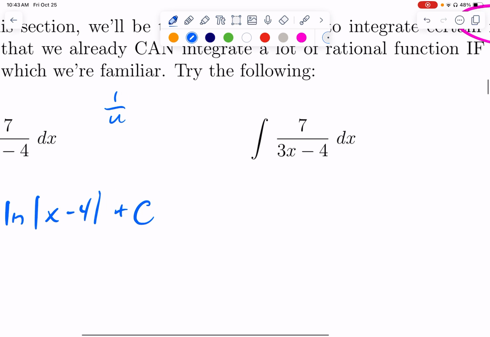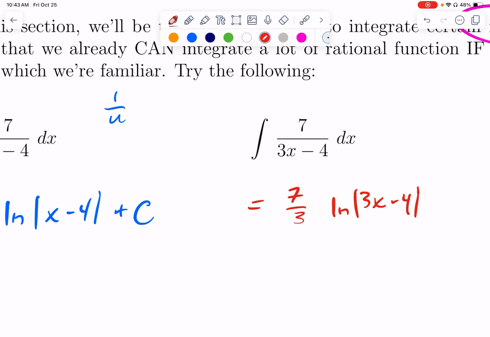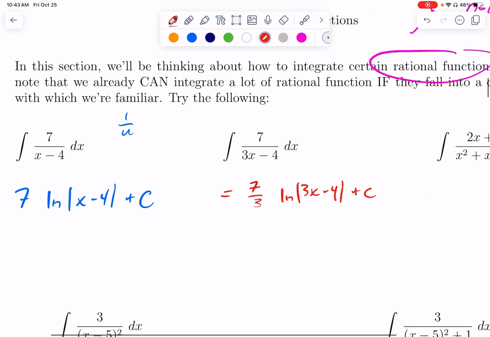And this one here is the same, except if I had natural log of absolute value of 3x minus 4, by the chain rule, a 3 would pop out, and so we would need to cancel that 3, plus c. So if our bottom is just linear, if it's number over linear, we can do it with natural log.